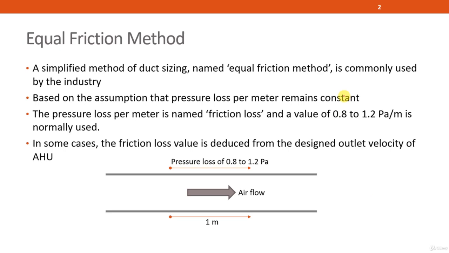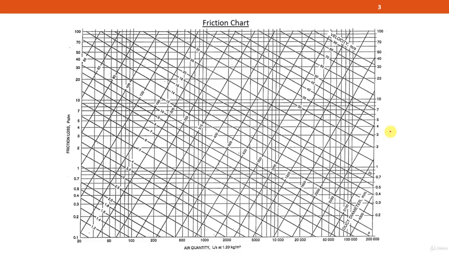So usually a friction loss value of 0.8 to 1.2 Pascal per meter is used, but in special circumstances there may be a variation of this value. In order to use the equal friction method, you have to know how to use this chart called the friction chart.